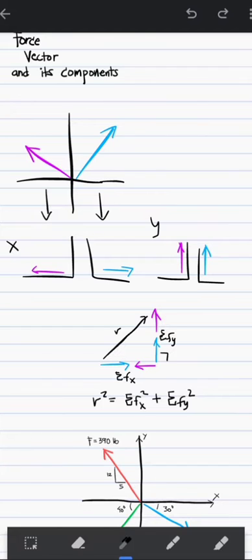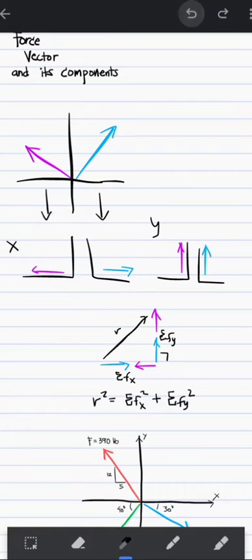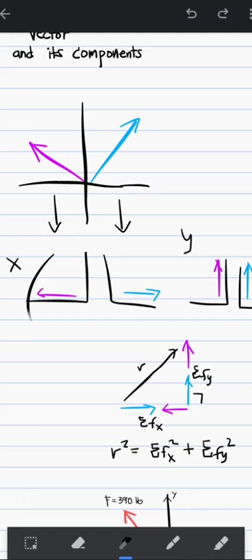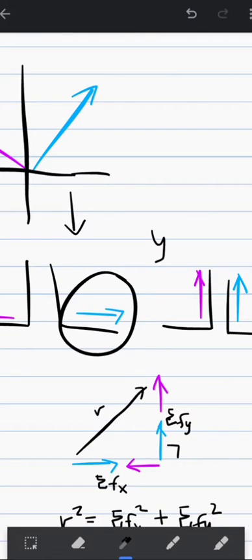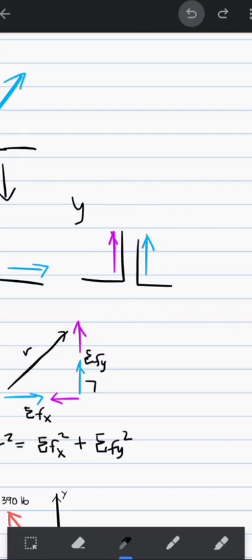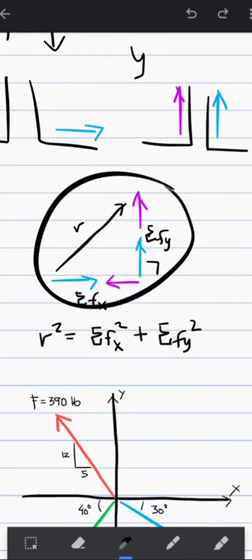So now, why do we need to break down the forces into its components? We need to break force into its components so that it is easier for them to be added. Just like what we did here. After we break this down, here's its x component, this one, here's its x components, and these two are the y components of this. Then finally, this one.